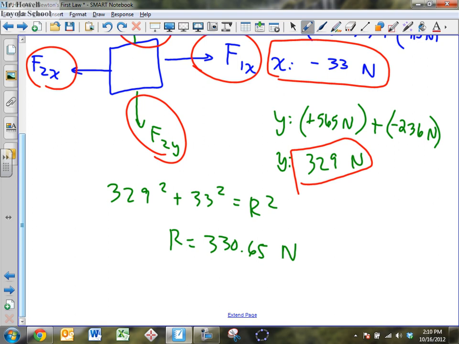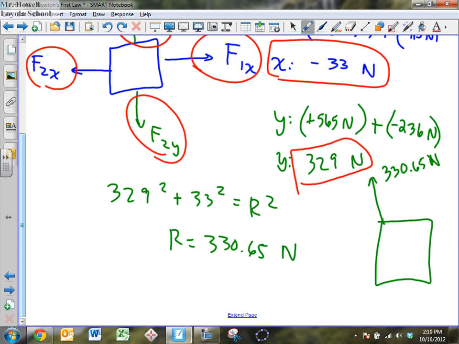And take a look. It's really not much more than the vertical force was, right? Helen, why is that? Because the force pulling up is so much greater than the force pulling to the left. Very good. The force pulling upward is so much larger than this force pulling to the left, it's almost insignificant.